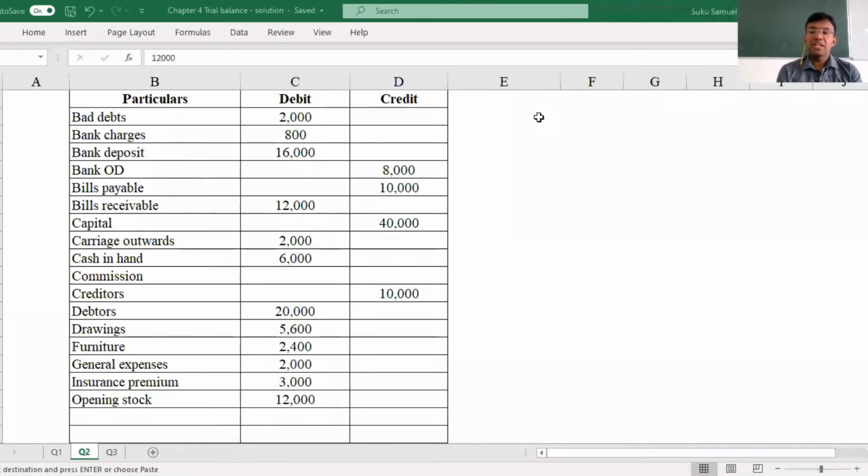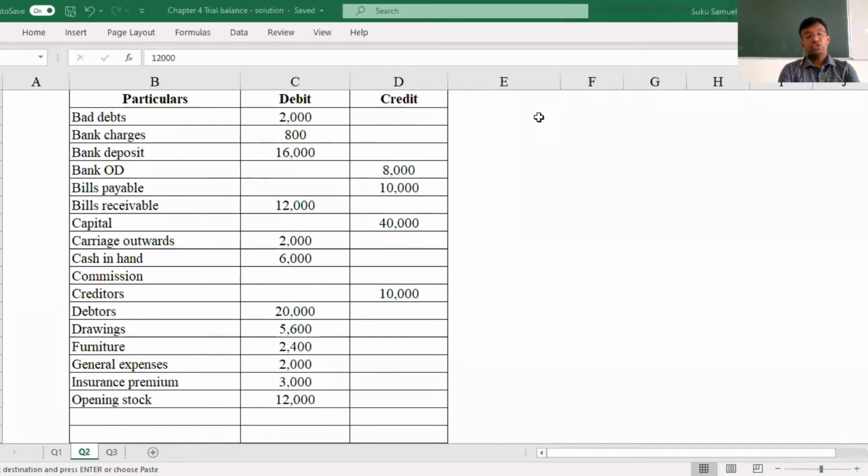So here, when we say provision for bad debt, it simply means it is the money that you're keeping aside to compensate for your bad debts.